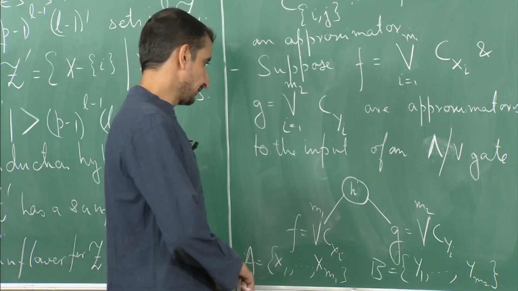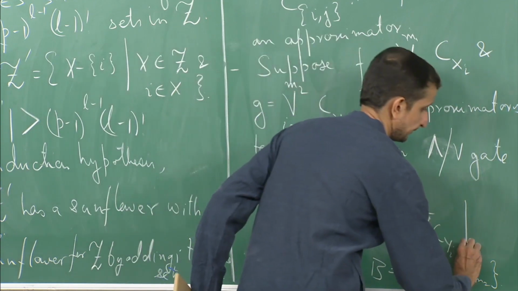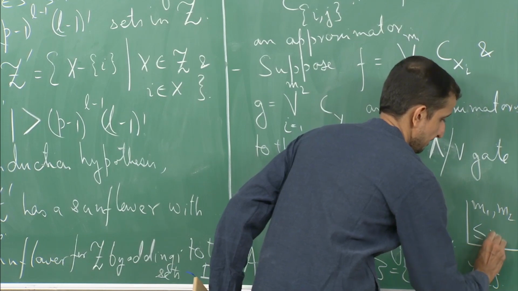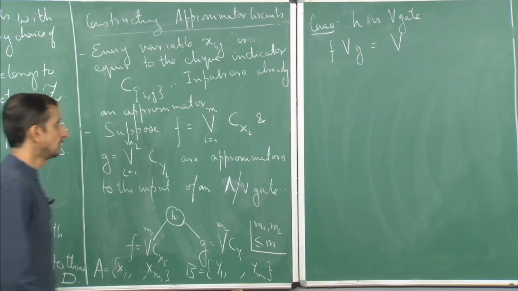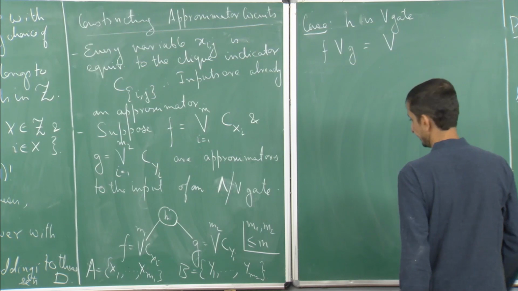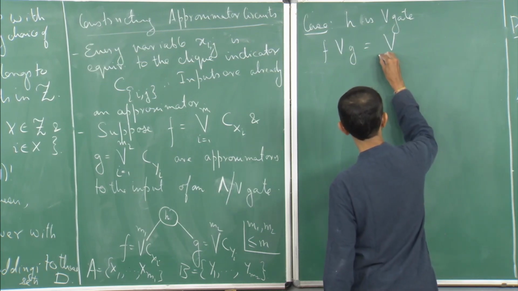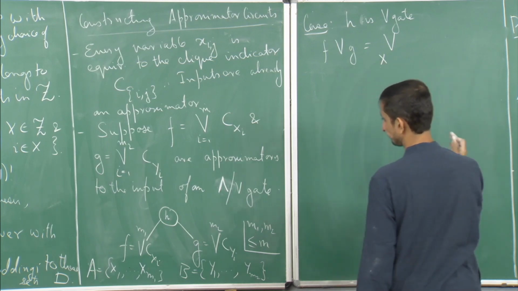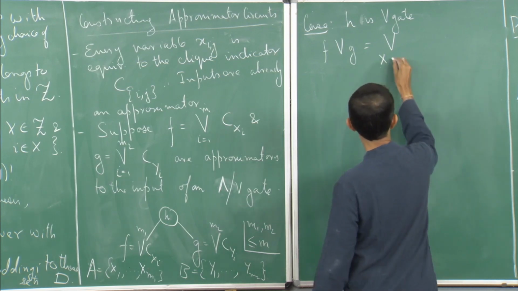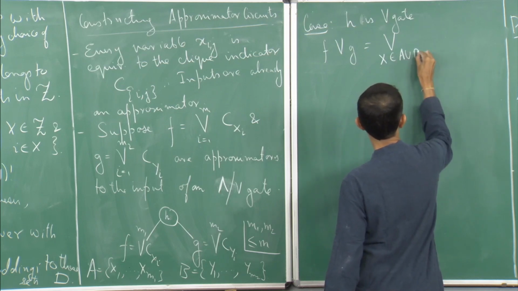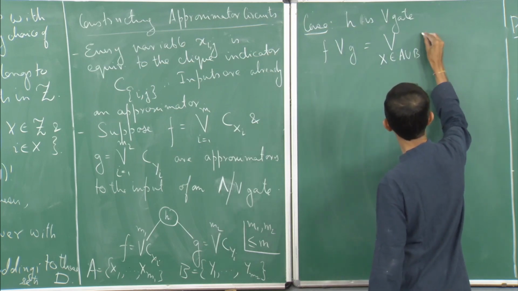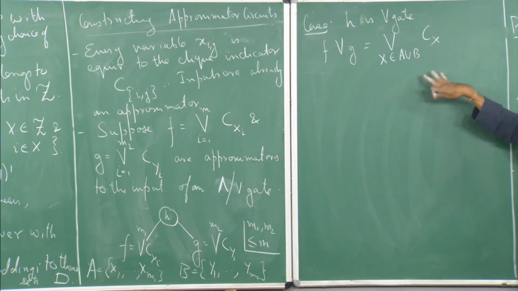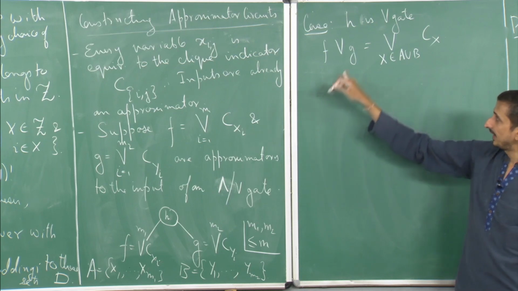So both M1 and M2 are bounded by M. Now let's take some x belonging to A union B, and look at the clique indicator of x. Let's observe whether it is actually giving me f OR g.